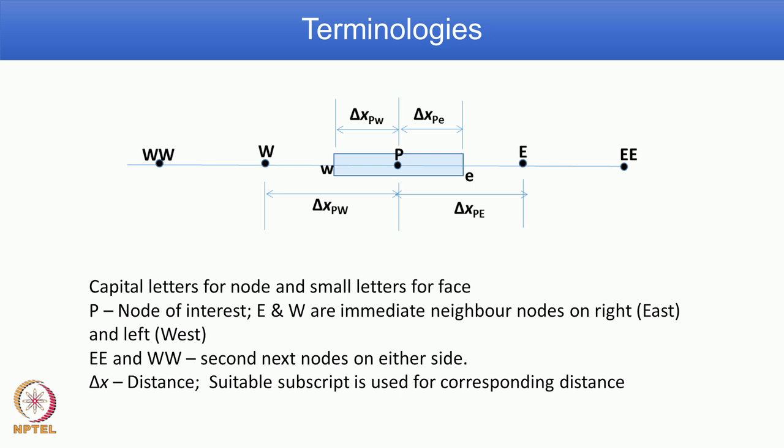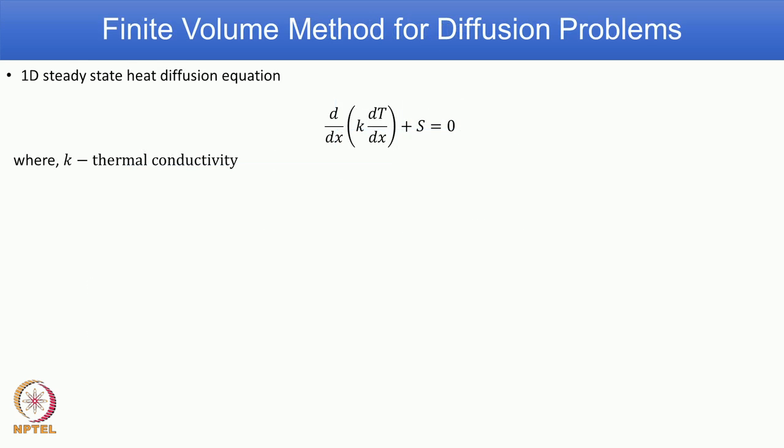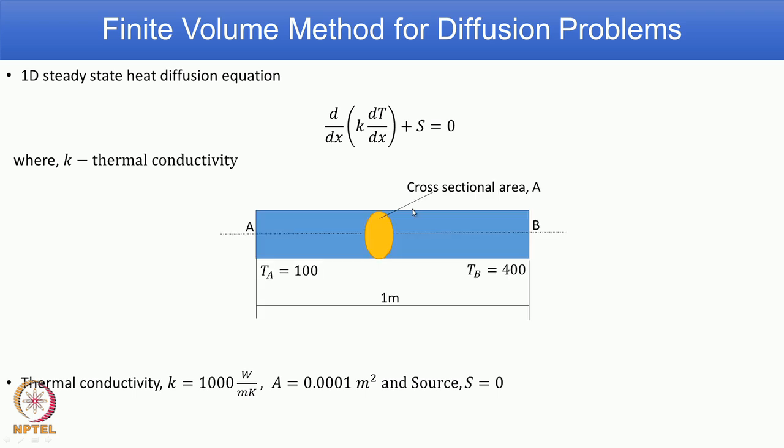We have seen all this. We took this example problem, that is one dimensional heat diffusion equation, and for this particular problem we say the source term is 0, it is very simple. This is the illustration required for the problem, and the cross section is circular and area is given as 0.0001 meter square.